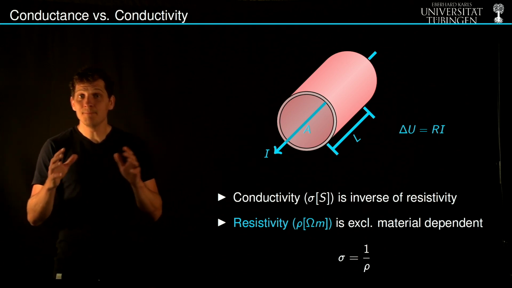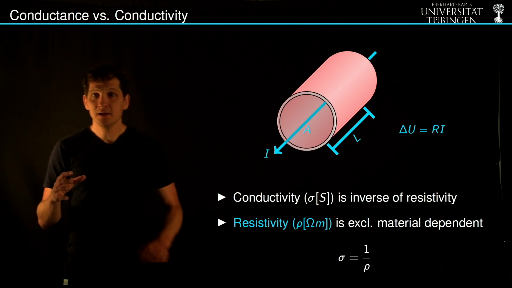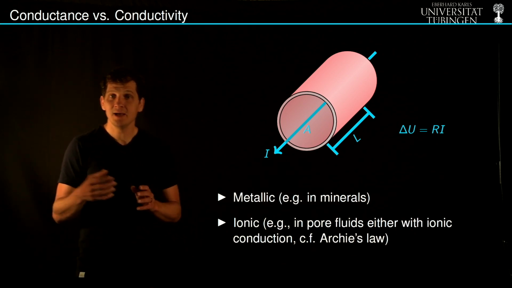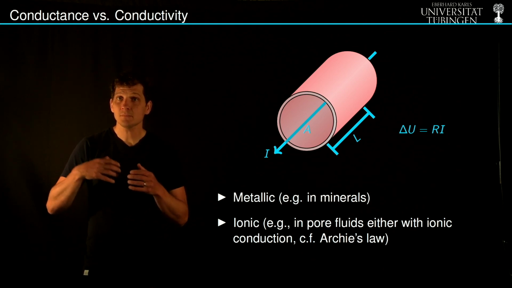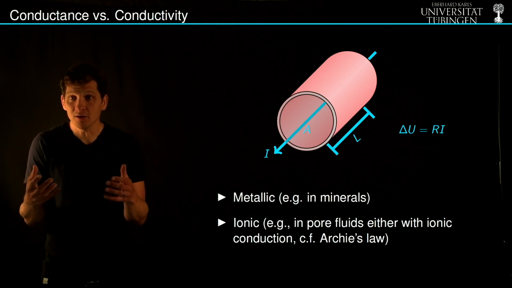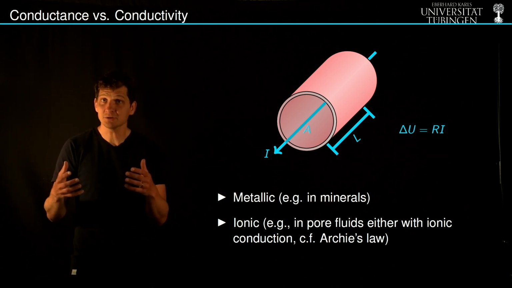There are different mechanisms of how currents can be conducted, and the two most important ones are metallic and ionic conduction. Metallic conduction is what happens, for instance, in a copper wire, where electrons are delocalized in the so-called conduction band.